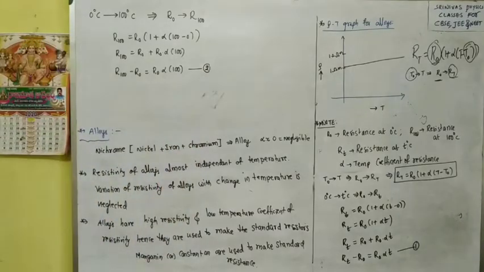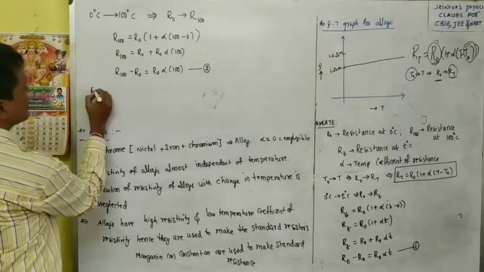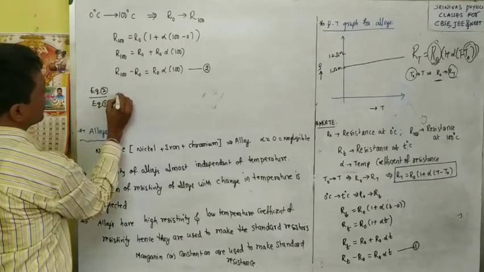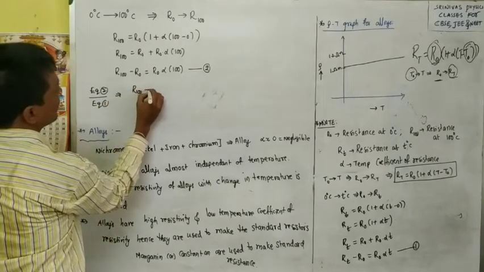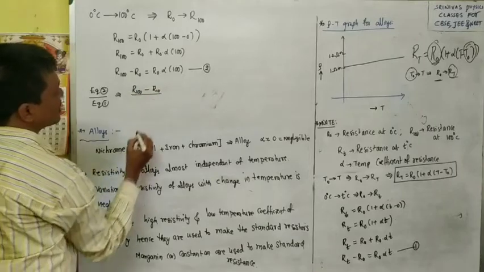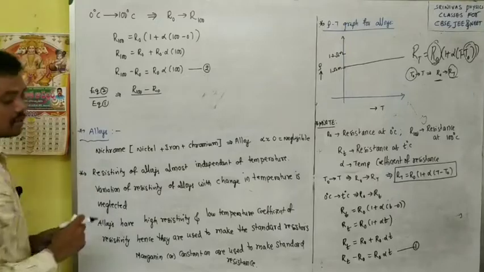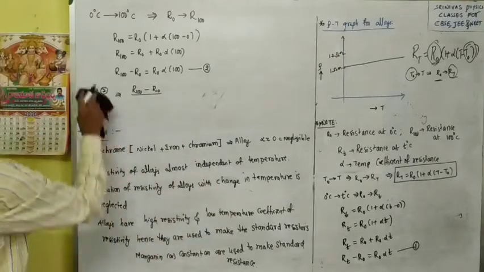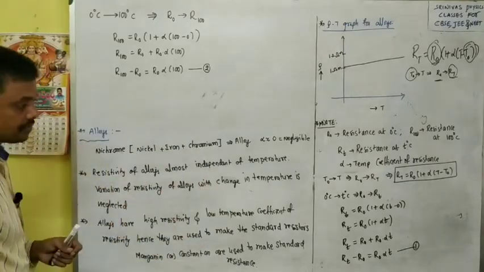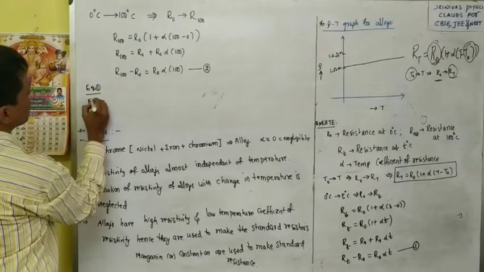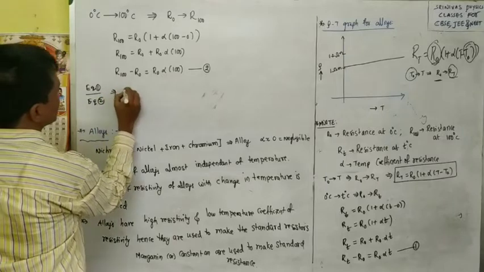Now we can divide these two equations. Equation 2 by equation 1, or rather equation 1 by equation 2, we will do, because we want to find out the t. What you will get?